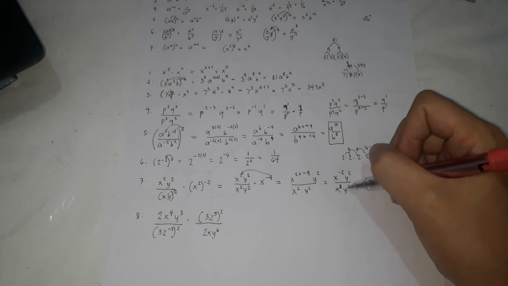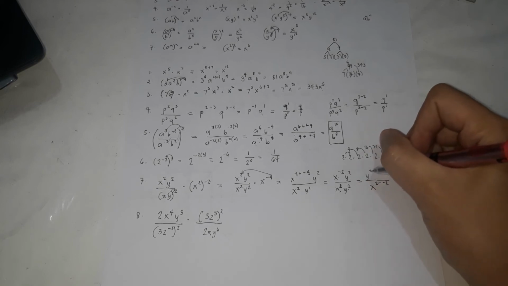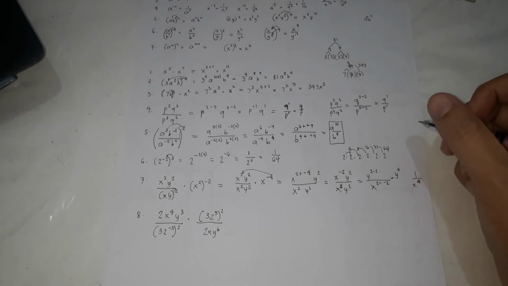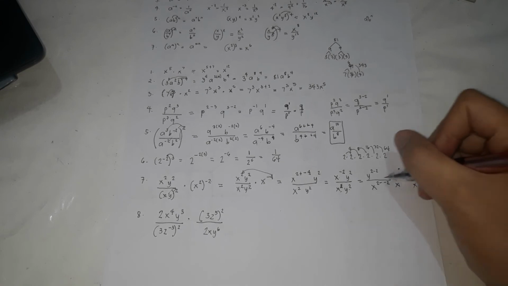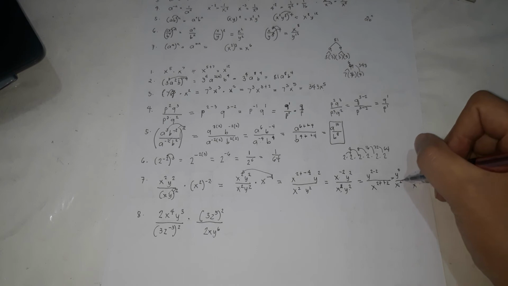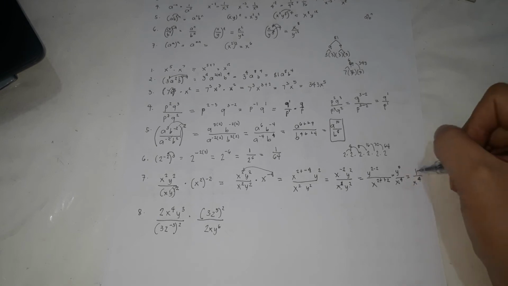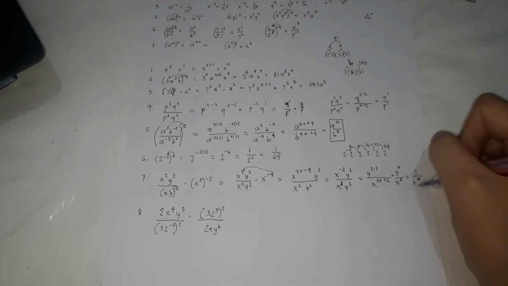For advance, you could simply cancel them. Kasi mangyari nan 2 minus 2, so which is equal to y to the power of 0 over x, magiging positive, x to the 4. Ngayon, any number whose exponent is 0 is equal to 1. Tapos x to the 4, just copy. So, 1 over x to the 4.